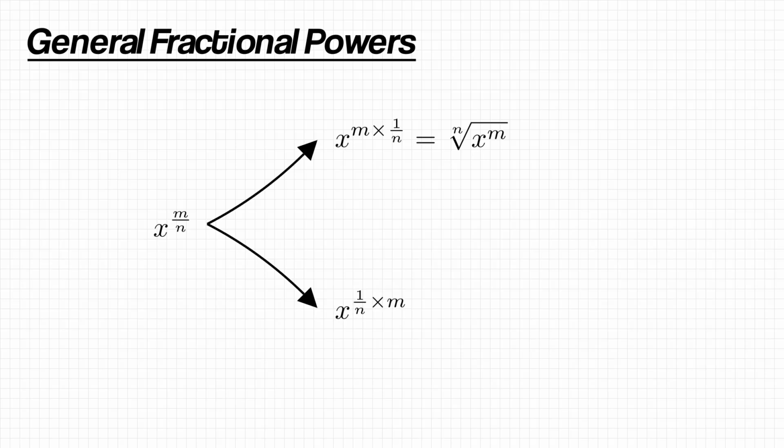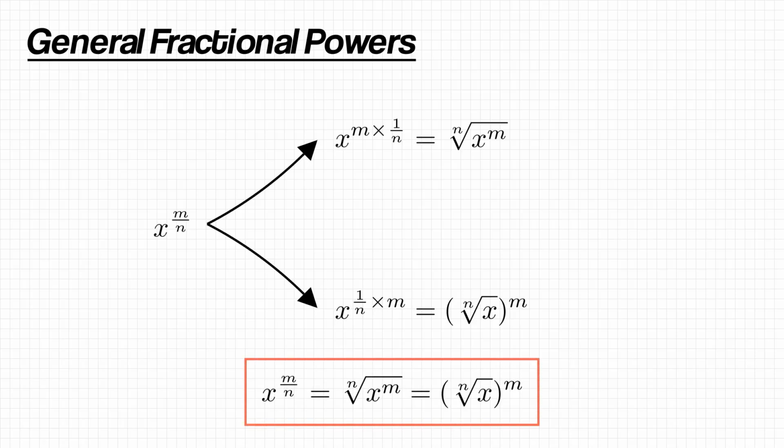Alternatively, we could write this as x to the power of 1 over n times m. Again, using the nested powers rule with what we learned in the last section, this is the same as the nth root of x all to the power of m. In summary, x to the power of m divided by n can be written in two different ways that are actually the same.